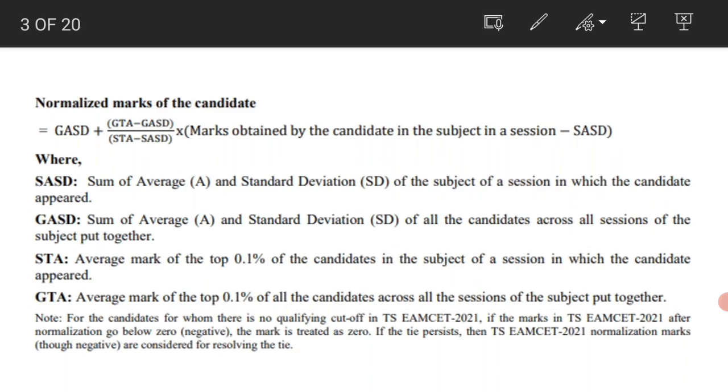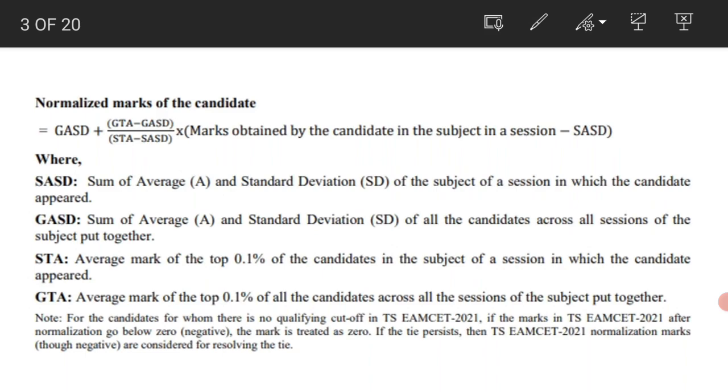The TS Eamcet authorities will calculate this. Why? Because you don't know the highest marks got by the candidates in a session and how many students appeared in the session. So you cannot calculate it, but you can judge how the normalized marks of the candidate are calculated based on this formula. If they put it together, they will equalize the marks of the candidates based on the difficulty level.